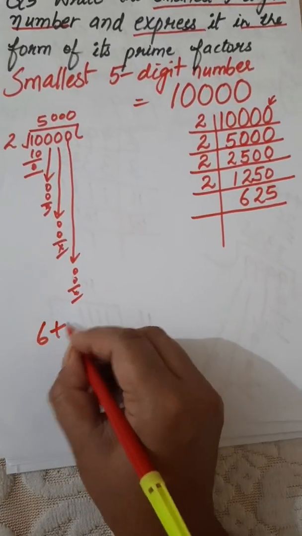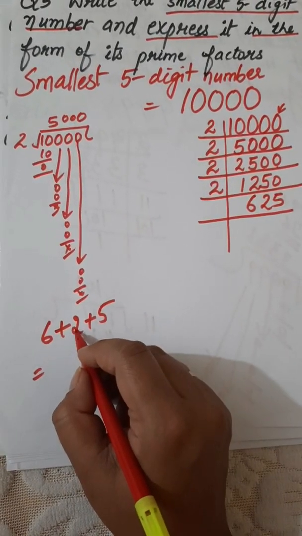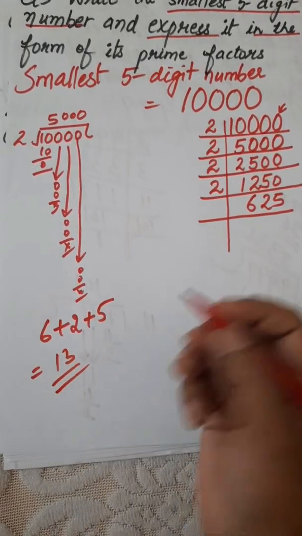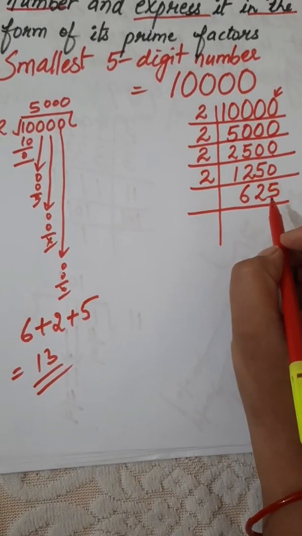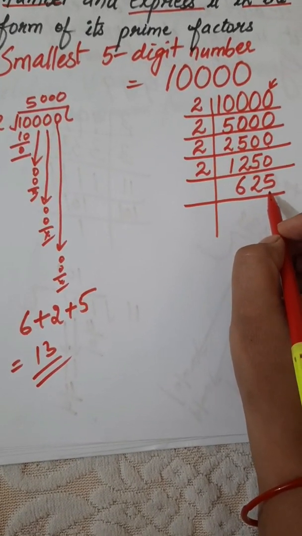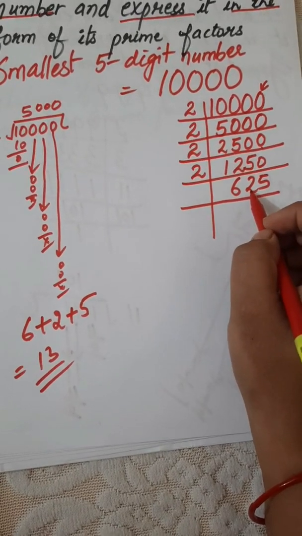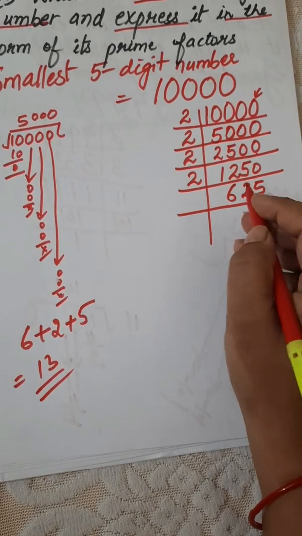For this, add all the digits. So you will get 6 plus 2, 8, then 8 plus 5, you have 13. So it is not divisible by 3. Again, check with 4. It is not divisible by 4 because the last two digits are 25, and we know that if the last two digits are not divisible by 4, then the whole number is not divisible by 4.